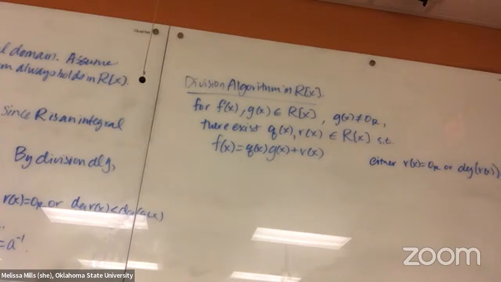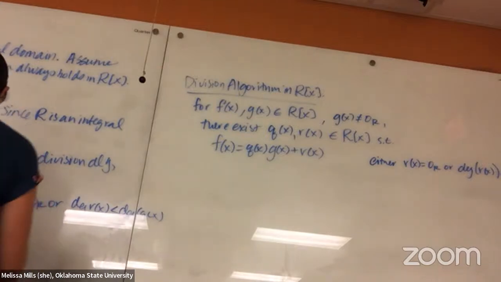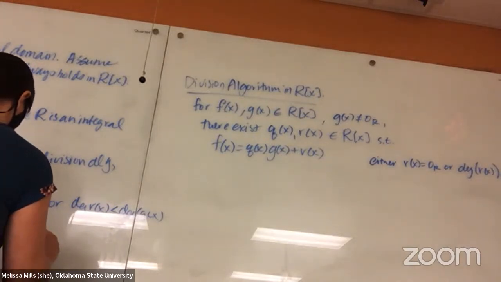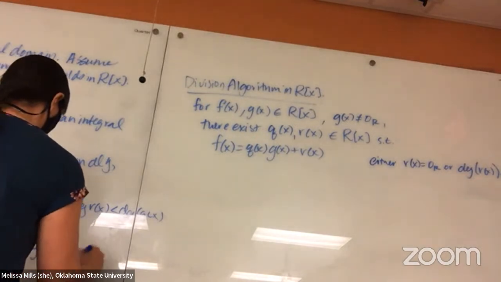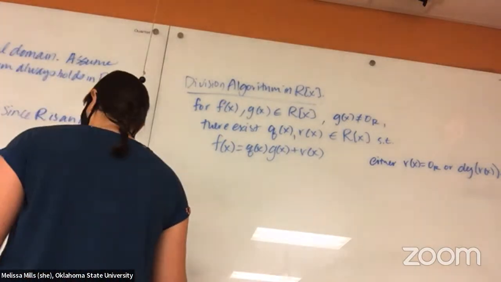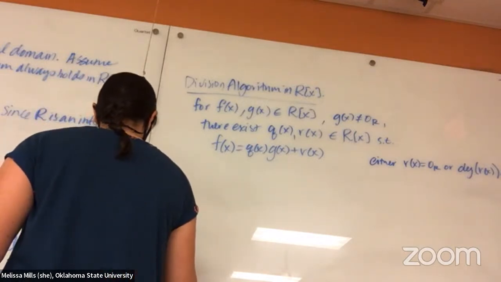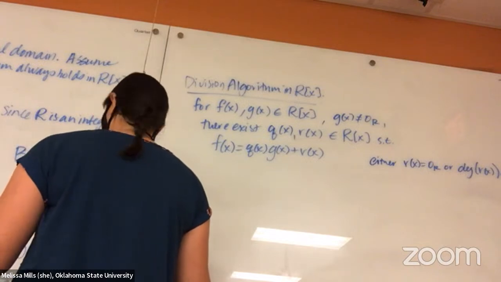the degree of f of x plus the degree of g of x. So by Theorem 4.2, the degree of q of x must be 0, right? Because this is degree 0, this is degree 0, so this has to be degree 0. So q of x is some constant polynomial.